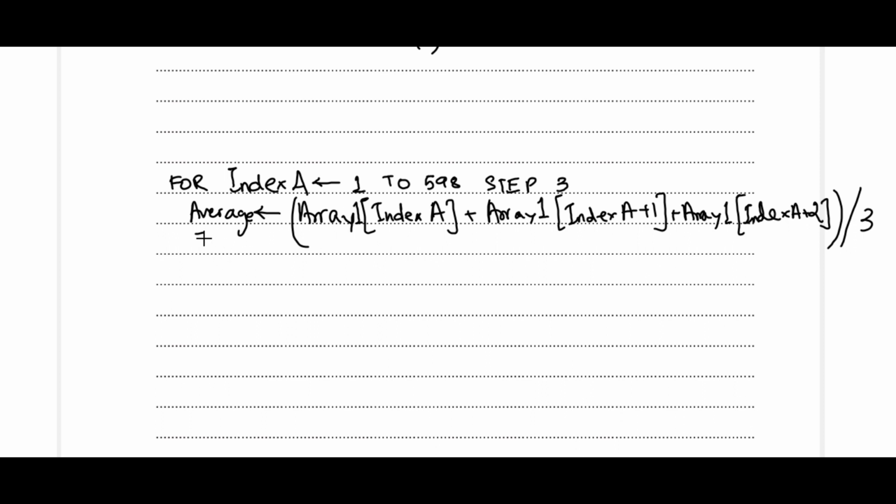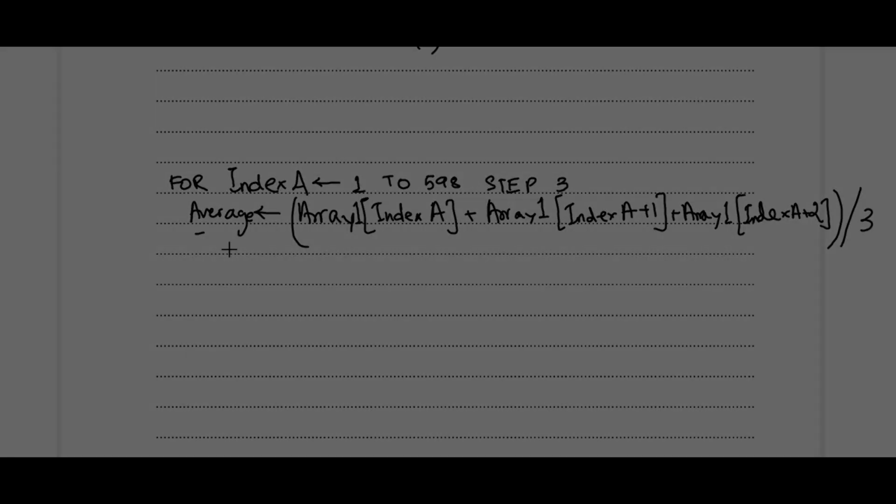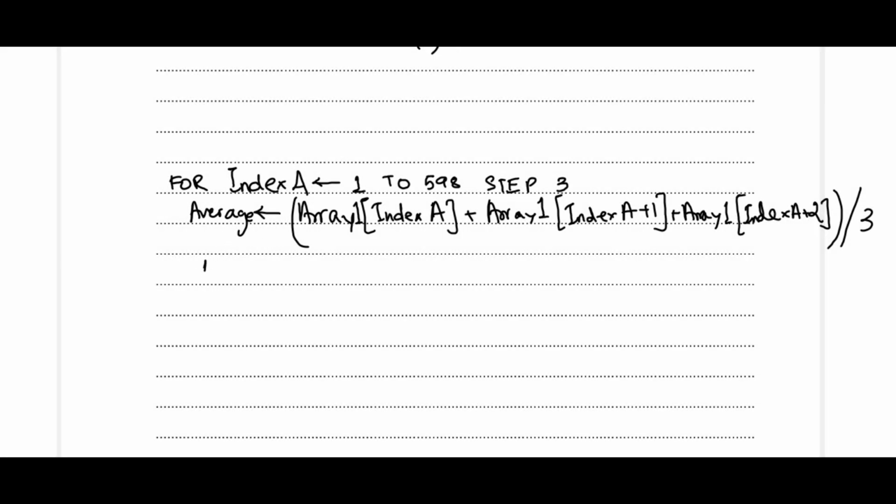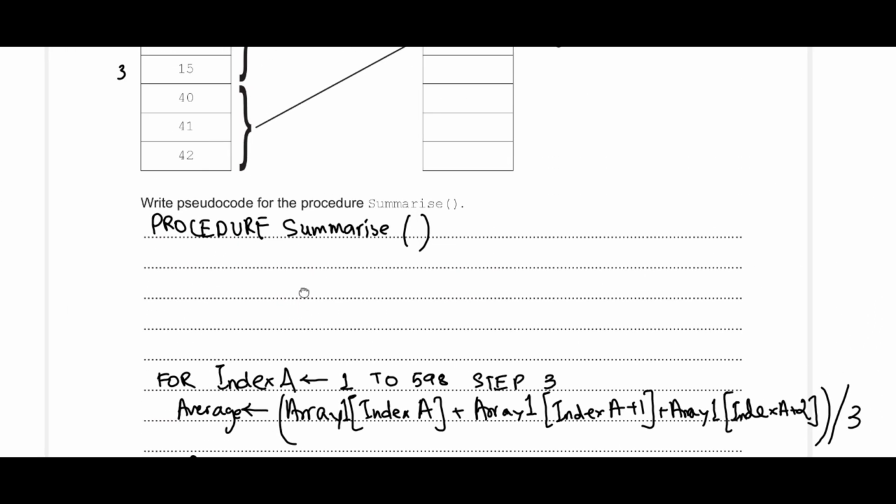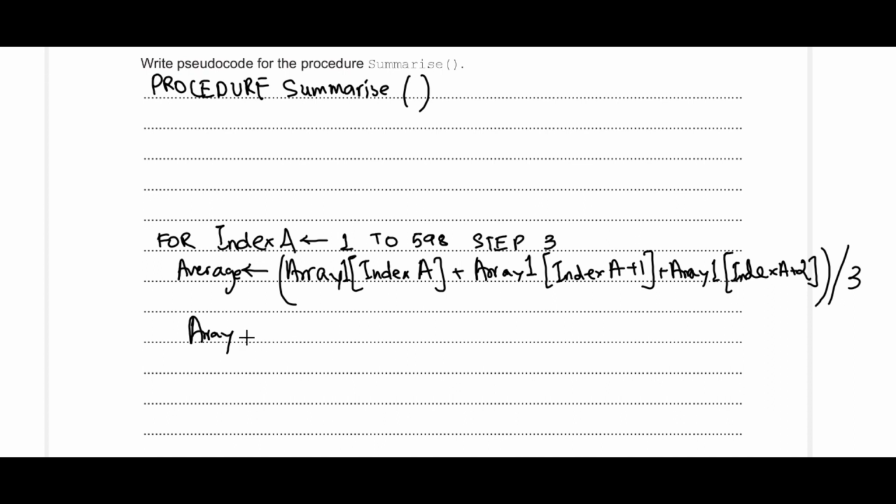And then we're going to be doing it into array 2. Was it array 2? Yes, it's array 2. So array 2 is just going to be average. Now, array 2 needs an index location.